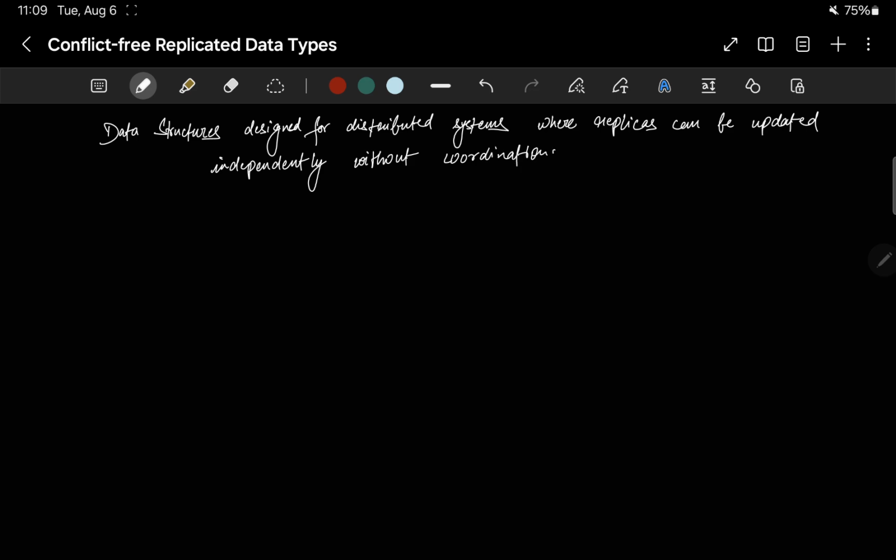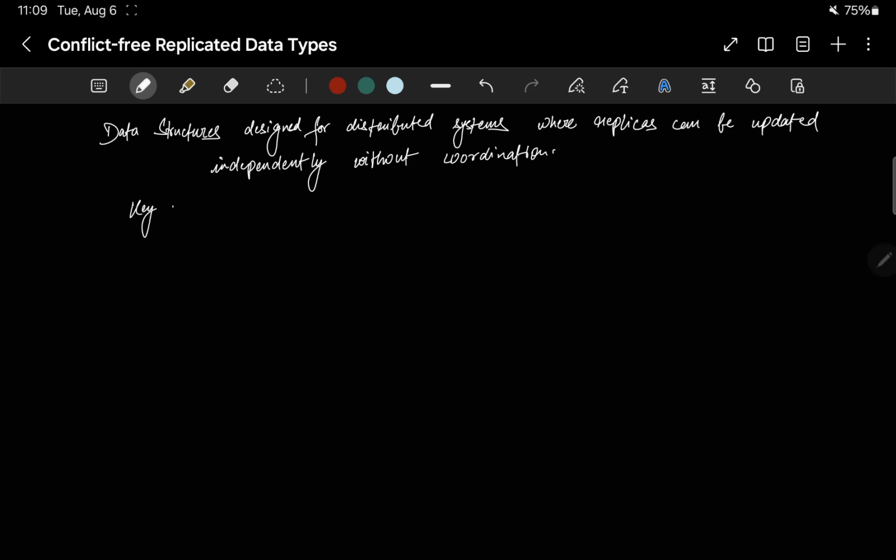Okay. They ensure consistency across replicas by providing conflict resolution mechanisms that don't require synchronization. So CRDTs find applications in collaborative editing, real-time databases, and any distributed system where concurrent updates may occur.